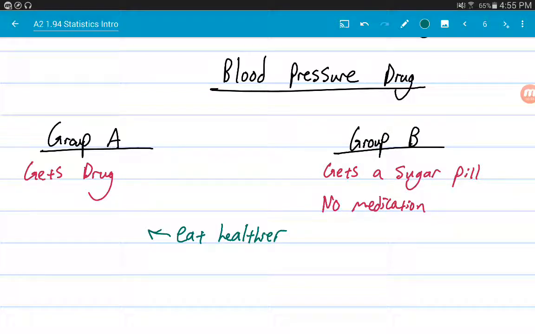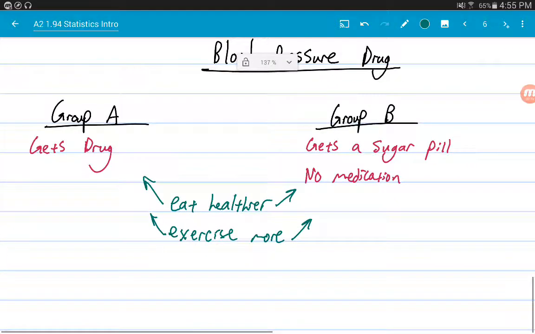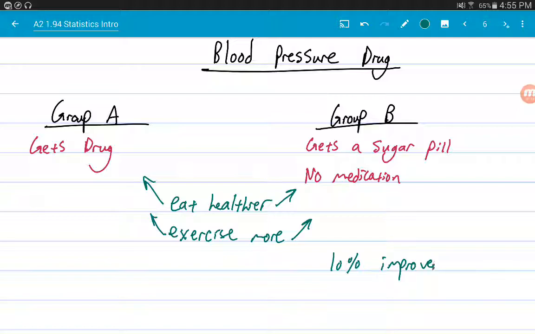They might exercise more because they're thinking about their blood pressure more often. They end up making healthier choices. In the end, Group B might see a 10% improvement. And in the end, Group A might see a 22% improvement.